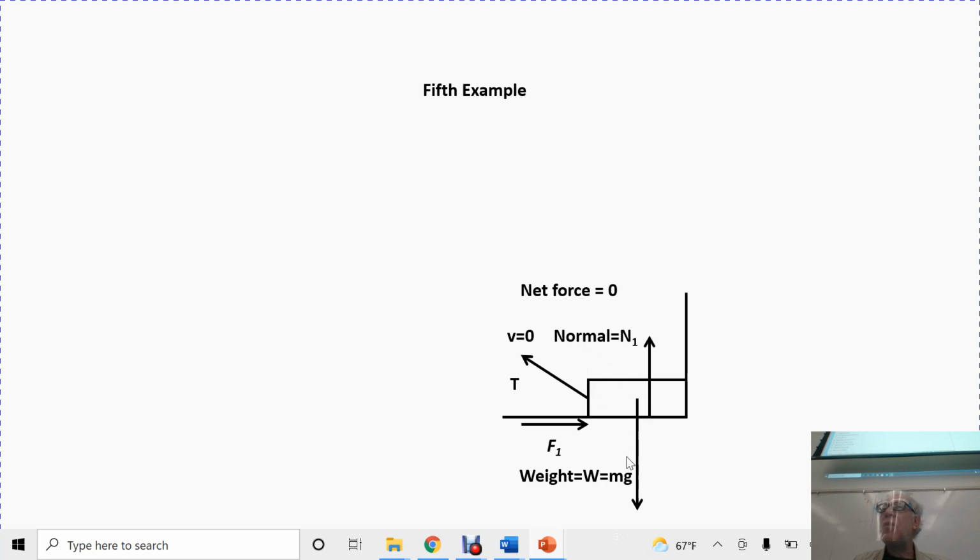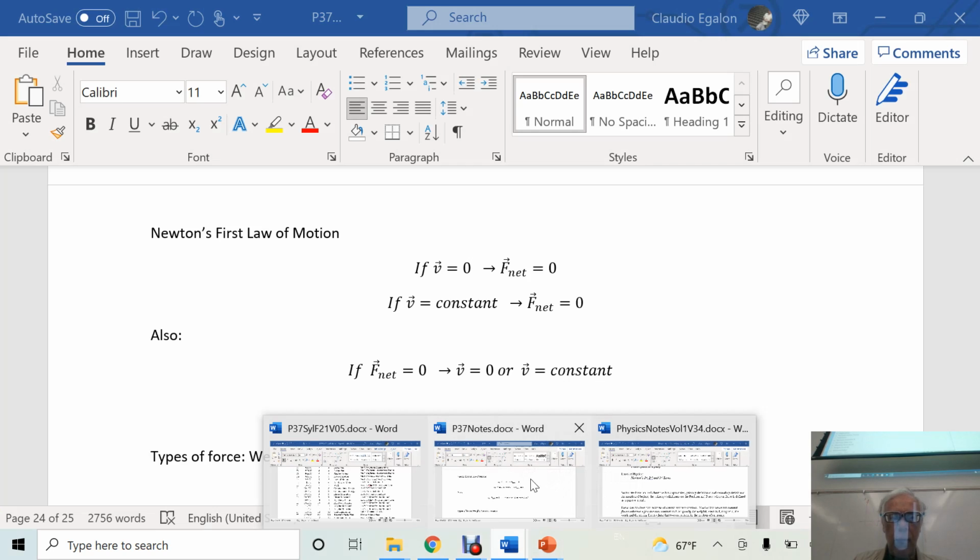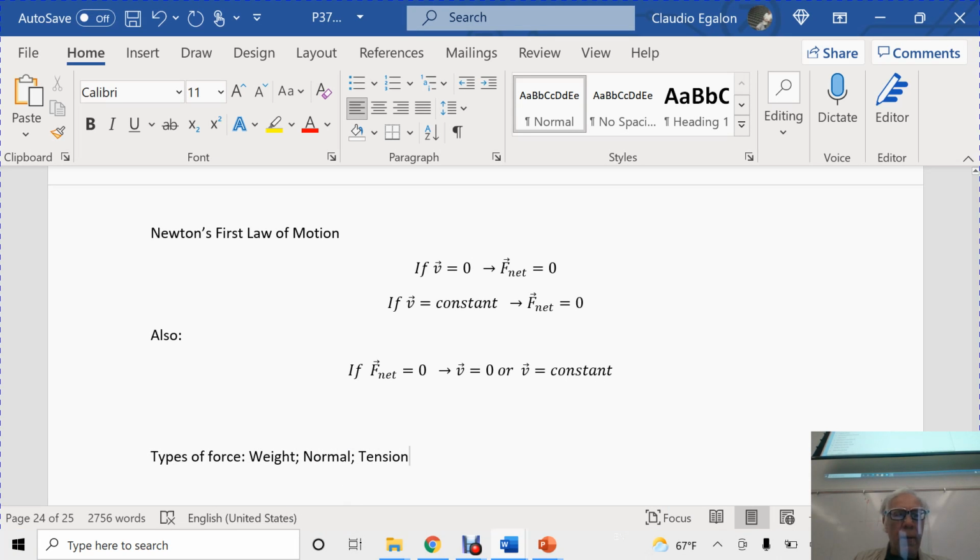Remember, this is a vectorial type of problem. We must have a horizontal component of the net force and a vertical component of the net force. Make sense? So in the fifth example, I can write like that. I'm going to put it in vectorial format. Fifth example. And let's put here force of friction as well.